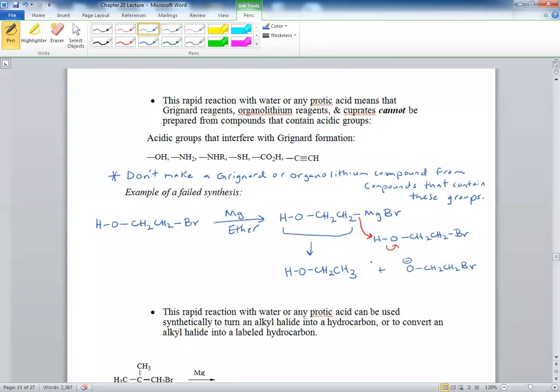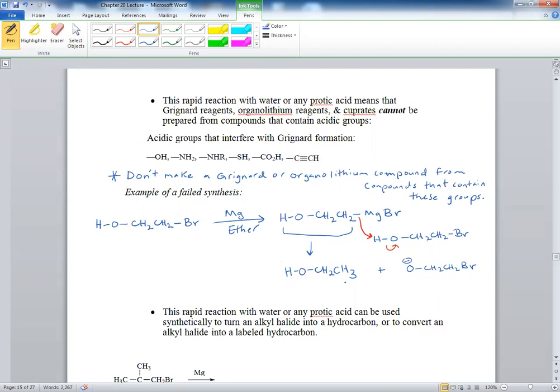Of course, the MgBr will be zero. So this is a problem, because we're not going to make enough of the organometallic. The interference is going to happen at this end, and then we can't prepare this for a nucleophile.